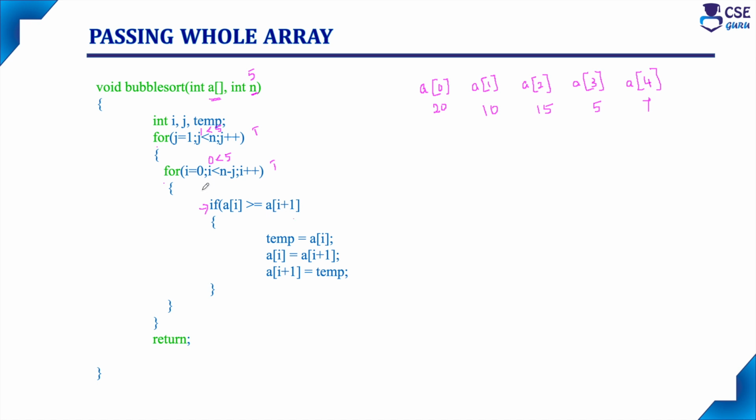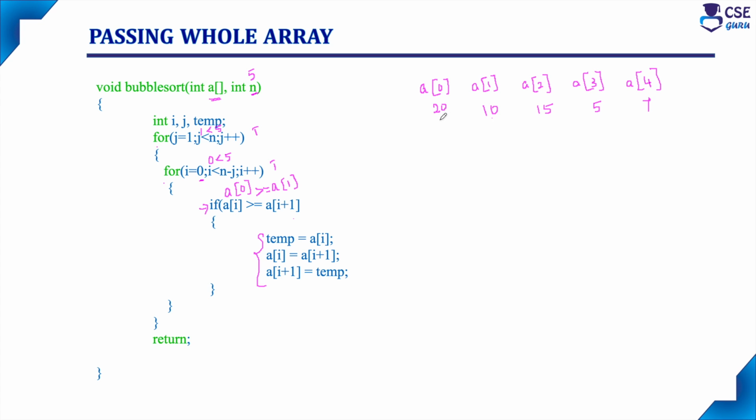In A of i position, i value is 0. Okay. In A of 0 position, what is the value? And A of 0 plus 1, that is A of 1 position, what is the value? We have to check whether it is greater than or equal to. If this condition is true, these statements will execute.